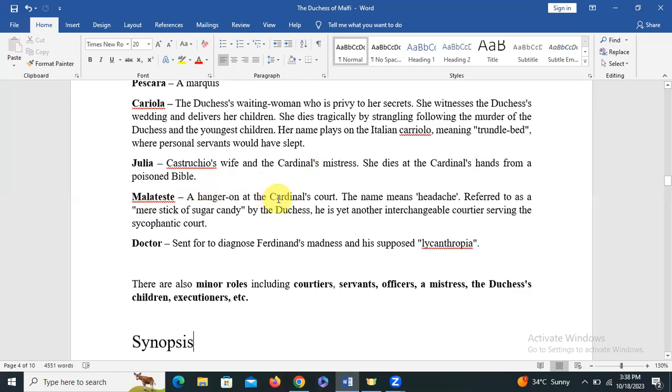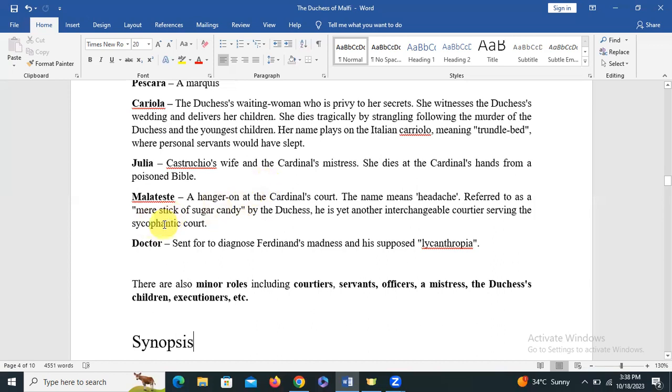The cardinal knew that she had come to know his secrets, to get him to confess about the murder. So he knew everything, so he gave her that book, due to which she died.